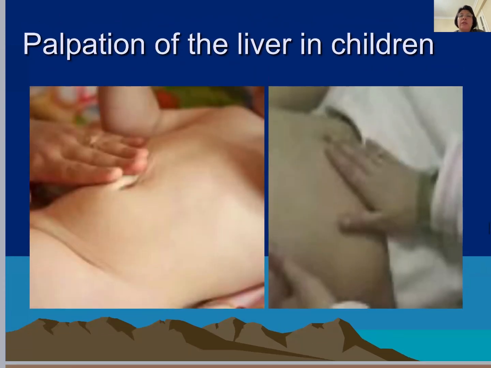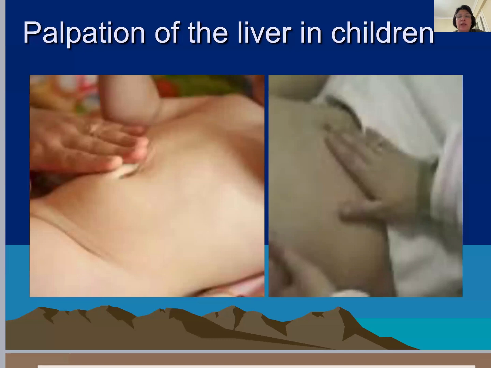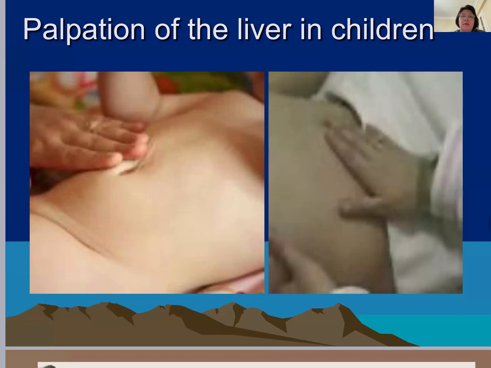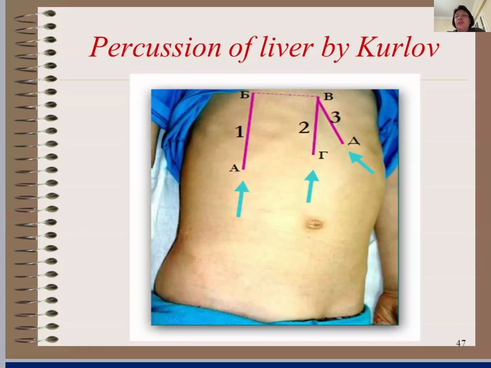On this picture, you can see palpation of the liver in children with 2 hands: your left hand on the back, and you will palpate with your right hand. Percussion of the liver in children is different from adults.